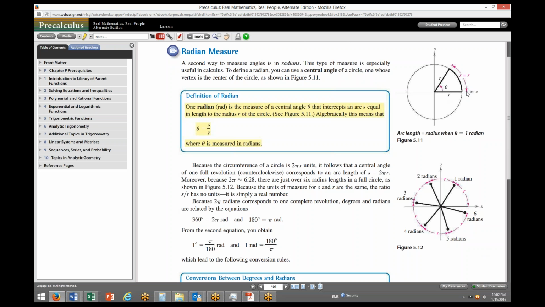So as long as the arc length S is exactly equal to r, the radius, then the measure of that angle in between there is 1 radian. If you were to wrap around the arc length such that it would be the length of 2 radii, not just 1, then the angle measure would be 2 radians. If the arc length S was only half the length of a radius, the angle in between the two would be 1/2 of a radian. So that's where it comes from.